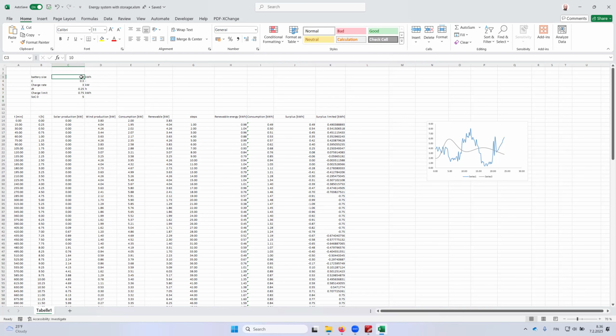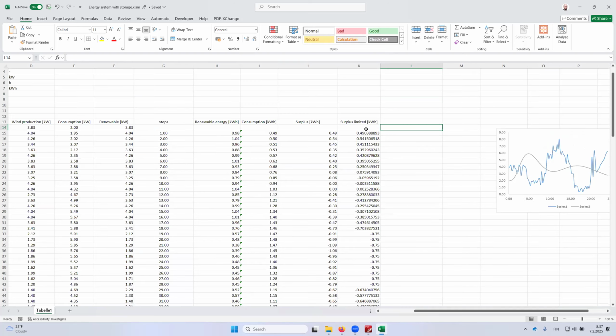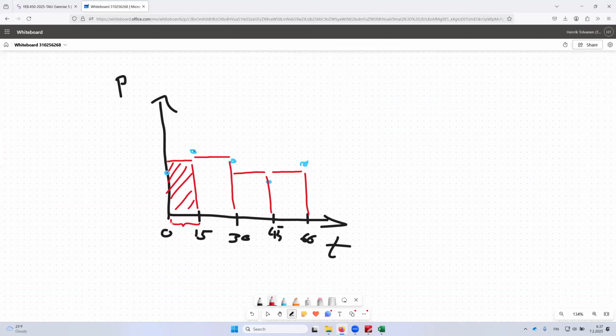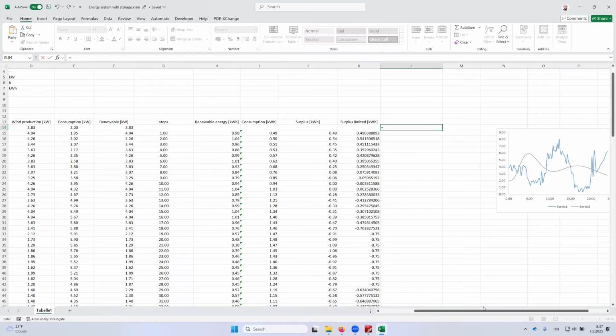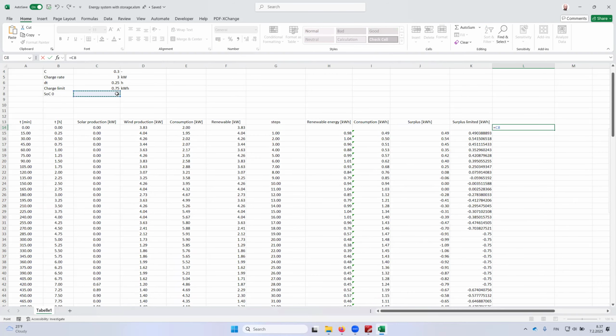So whenever we change this battery size, then both of these charge rates and the charge limit that's derived from it and also the state of charge are going to change. Let's keep it at 10 now. So in here, we're going to start from this point. What is the battery state of charge at that point? We're going to mark it in here. State of charge is going to be this one.